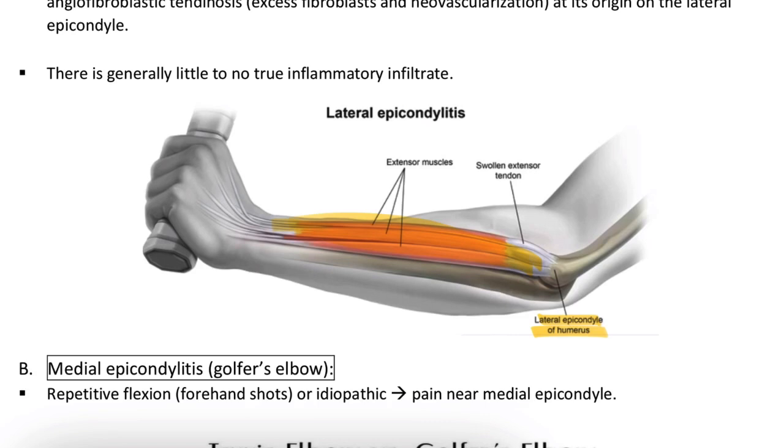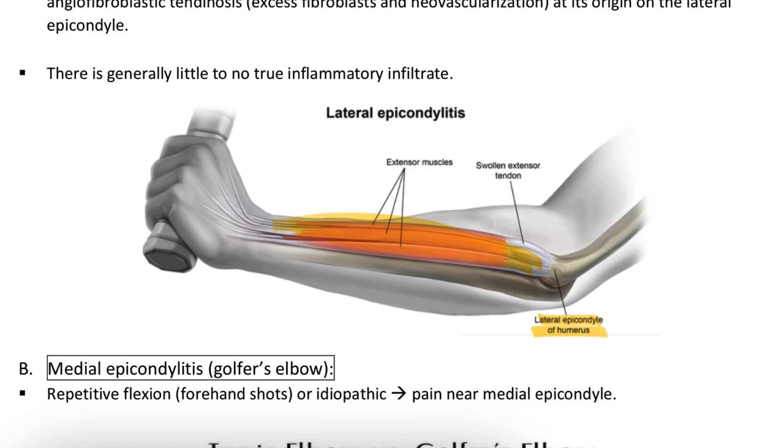Overuse causes tiny micro tears in the ECRB, the extensor carpi radialis brevis tendon, leading to pain and a process called angiofibroblastic tendinosis. This means excess fibroblasts and abnormal new blood vessels at the tendon. Importantly, this is not a true inflammatory process.